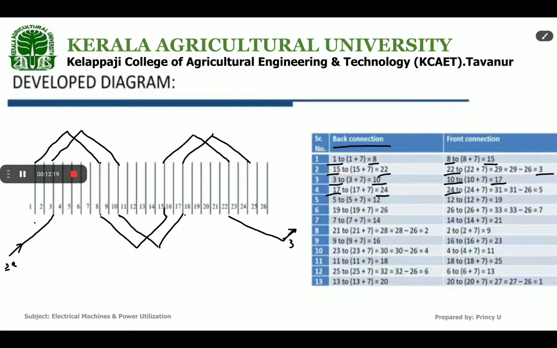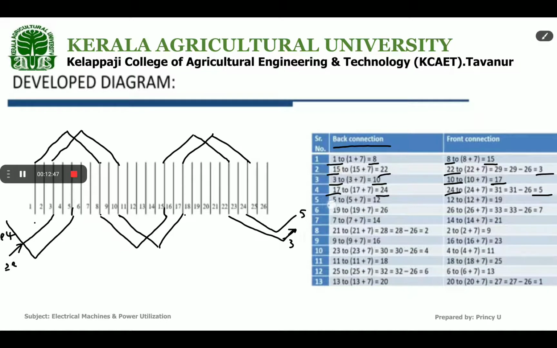Then from 24 to the 5th conductor. So 24 to the 5th conductor, mark it as 5. Again on the lower side we draw to the fifth conductor. Mark it as 24 from the 5th conductor.